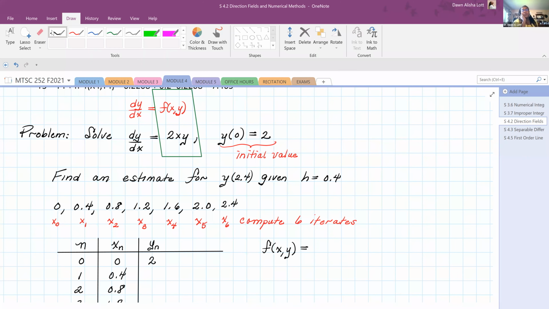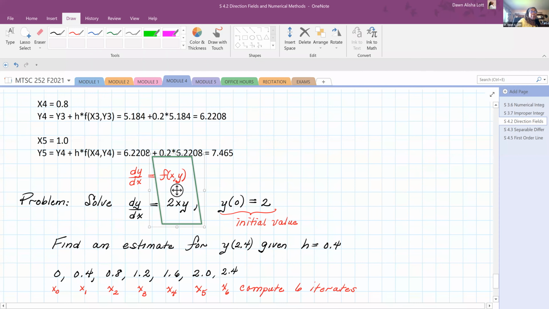What is f of x, y? That'd be 2x... I'm sorry, say that again. 2xy. Okay, so you have to be able to identify what f of x, y is in every problem.